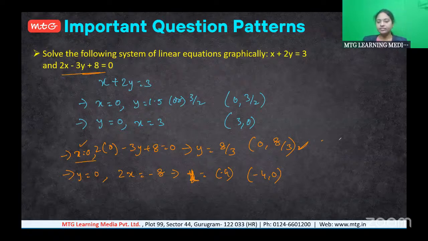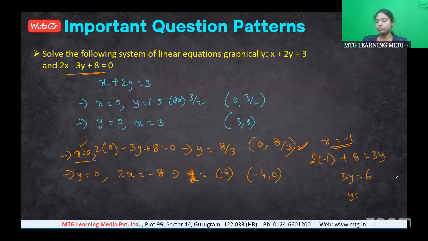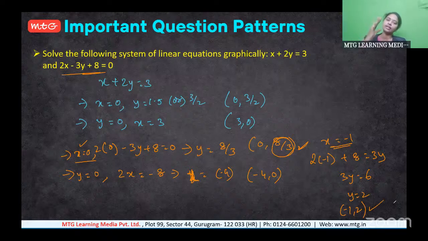Now, if I replace x value as minus 1, what happens? 2 times minus 1 plus 8 equals 3y. So 3y equals 6, y equals 2. So I can use the ordered pair (-1, 2). If you are getting this type of recurring decimal as one of the ordered pair values, do not use that because your line goes approximated. So pick out integer values so that you get an accurate line.